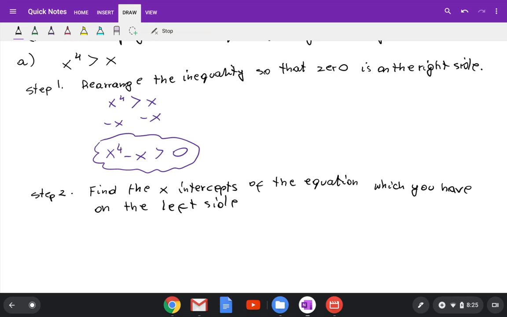Okay, so we need to find x-intercepts of the equation which we have on the left side, x to the power of 4 minus x.